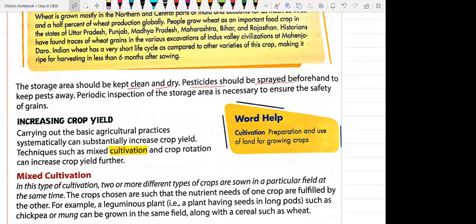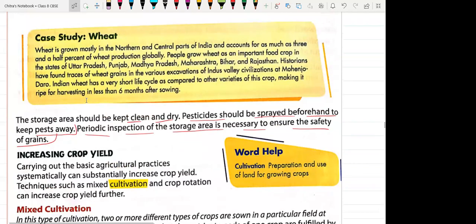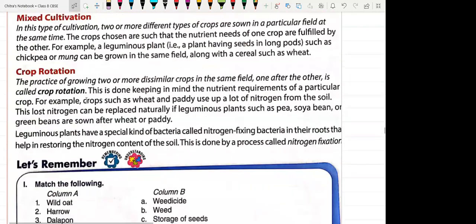Pesticides should be applied before storing the seed or grains, not sprayed afterwards to keep pests away, because they may spoil the consumption property of the seed. Periodic inspection of the storage area is necessary to ensure the safety of the grain. So this is the process called storage of grain.